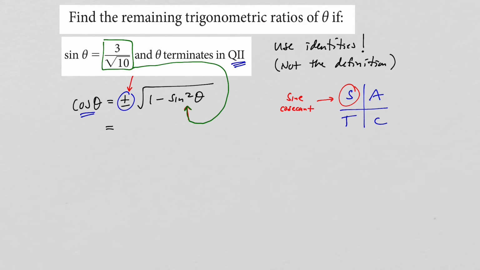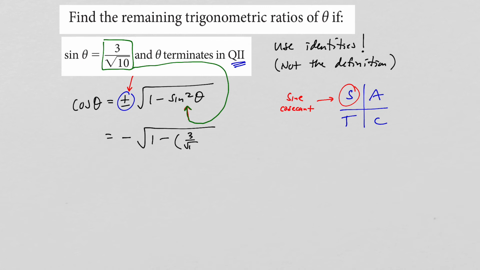What that means is sine and cosecant are positive in the second quadrant. So if we're looking for cosine of theta in the second quadrant, cosine of theta is going to be negative. So we are going to choose the negative, and then we have the square root of 1 minus sine squared.